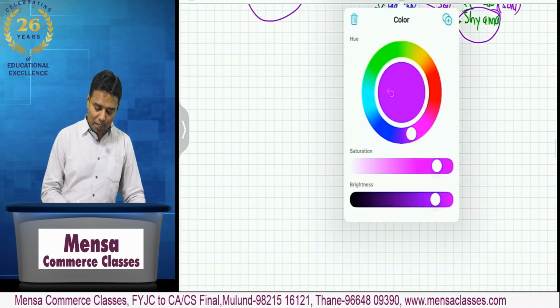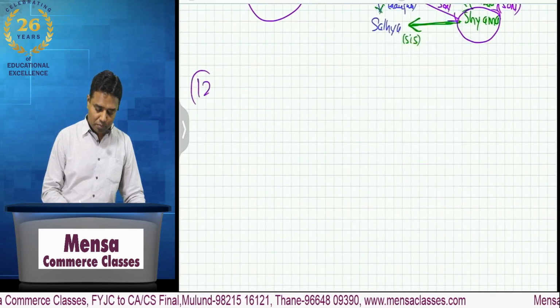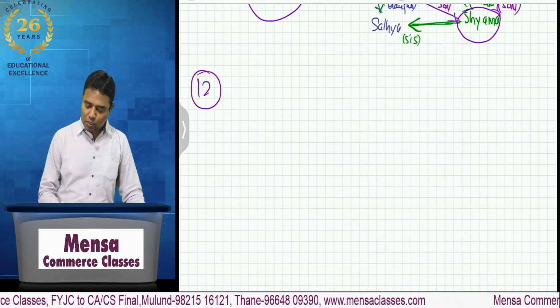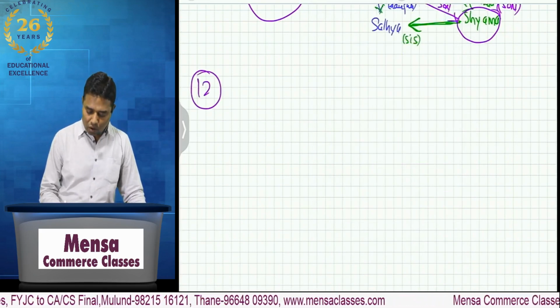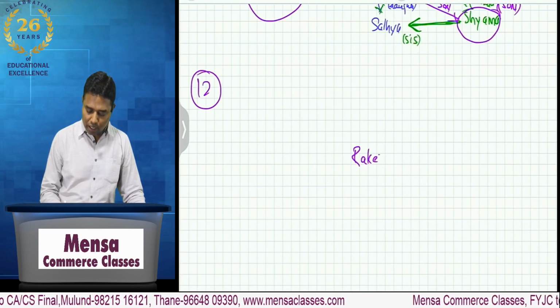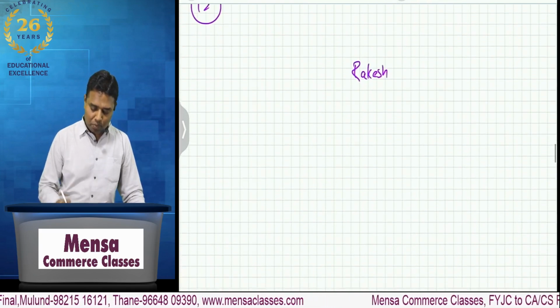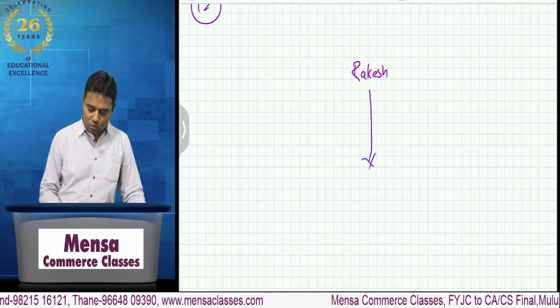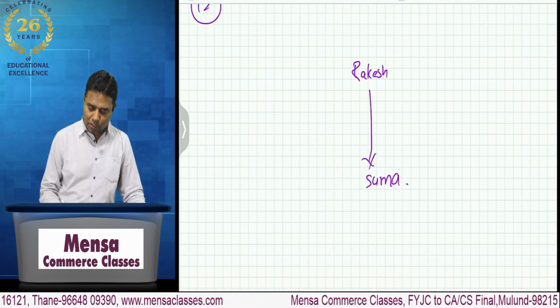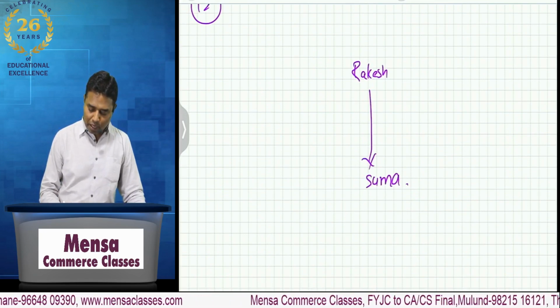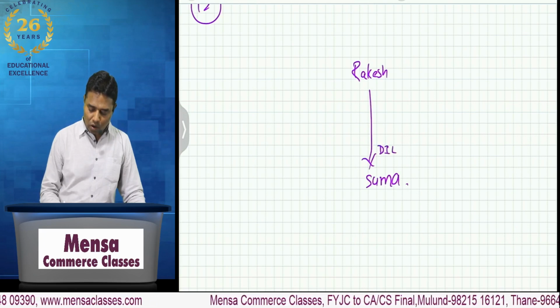Question number 12. What is the question saying? Suma is the daughter-in-law of Rakesh. So Rakesh is the older generation. Suma is the next generation, and Suma is the daughter-in-law of Rakesh.